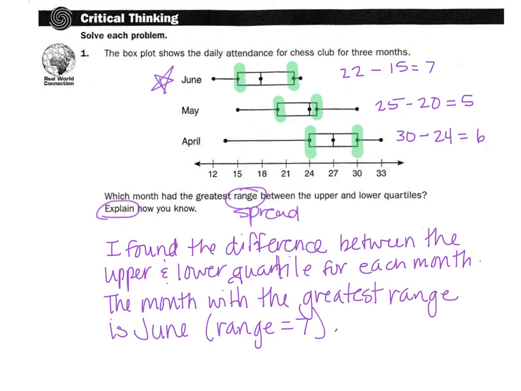So that just gives you a sample of how you can choose to explain. Remember, just tell what you did. Not I added the numbers or subtracted the numbers and I got the answer. That's not what we mean. If I were to tell someone I found the difference between the upper and lower quartile for each month, the month with the greatest range is June, that's saying what I did and what I was looking for, and it gives a nice answer for that.